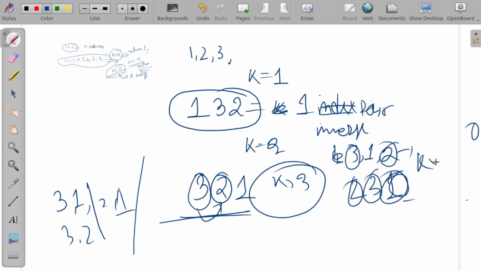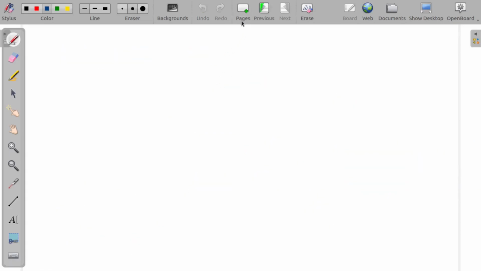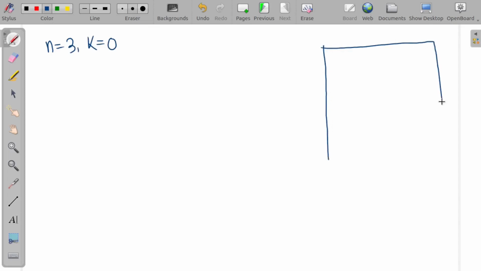Yes, that is k equals 2. So that is what the inverse pair is meant to be. Now how am I trying to implement it? Suppose n equals 3 and k equals 0. I am trying to solve this problem as a matrix, dynamic programming problem.